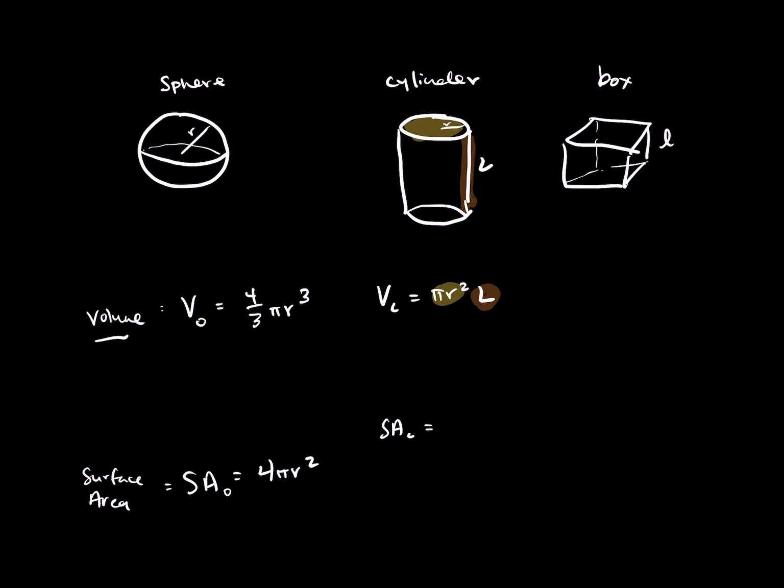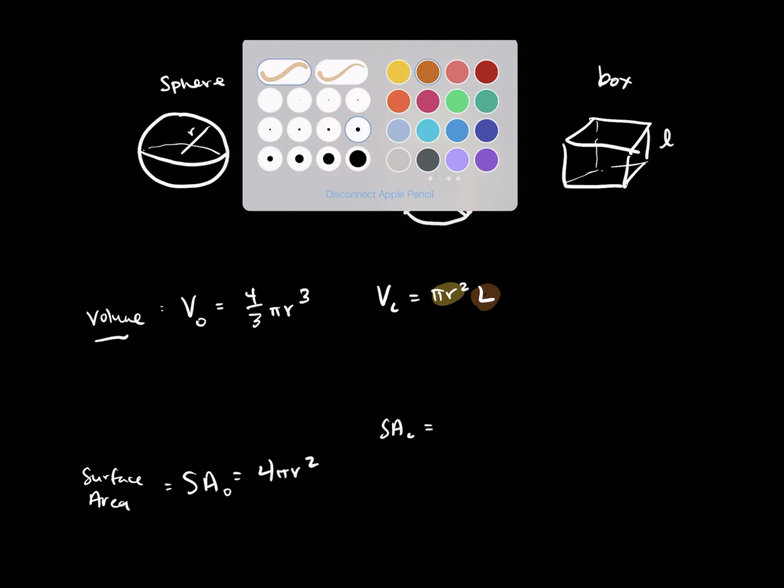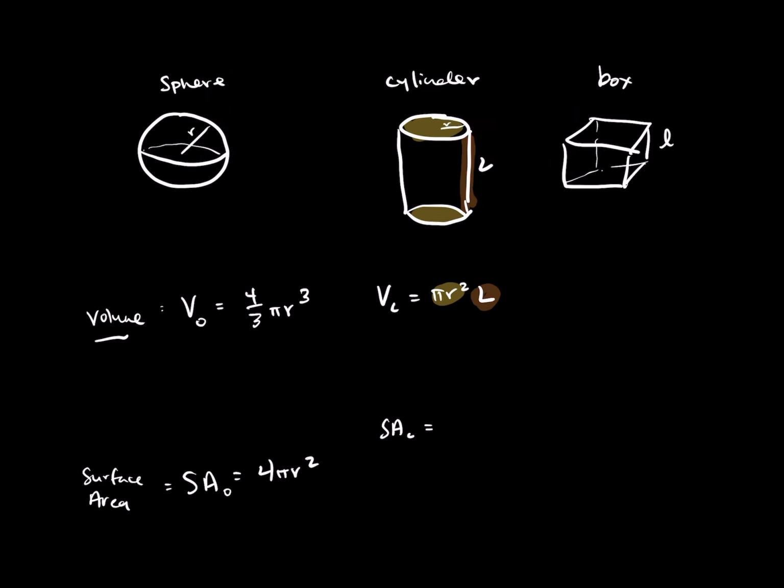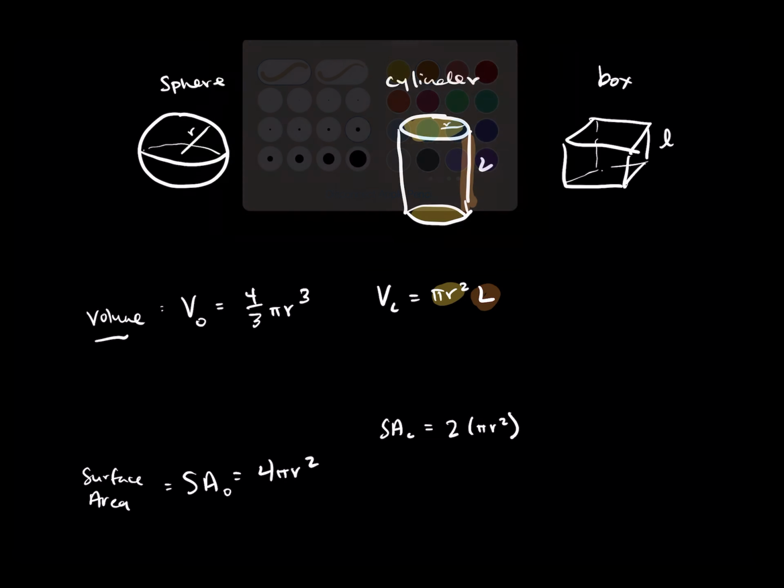That's going to be these surfaces, right? Those are pi r squared, but there's 2 of them, so you'd say 2 times pi r squared. But you also have this area here.